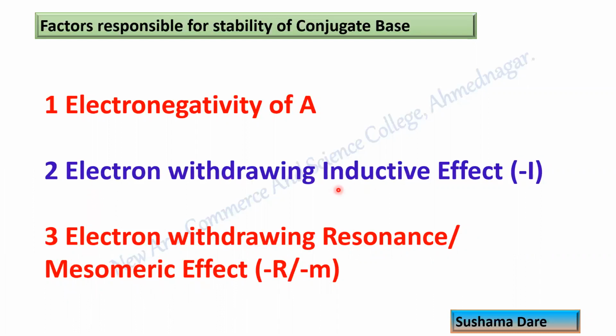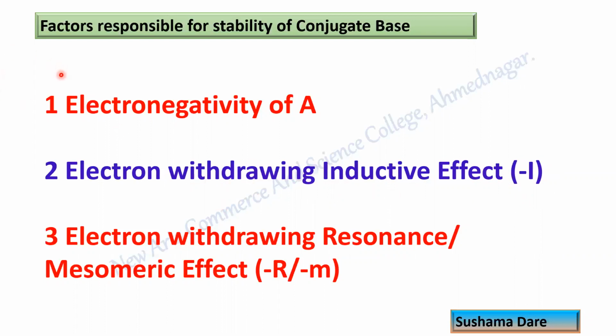What is inductive effect? When a heteroatom is present in a bond, it polarizes the bond, and due to that polarization, whether it is attached to an electron donating group or an electron withdrawing group, what type of effect it generates.